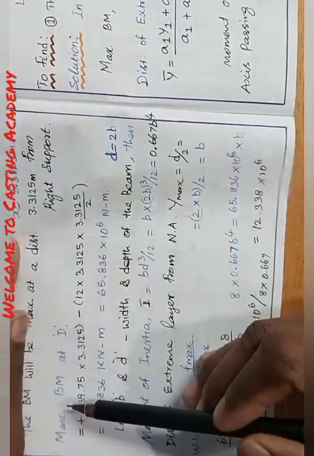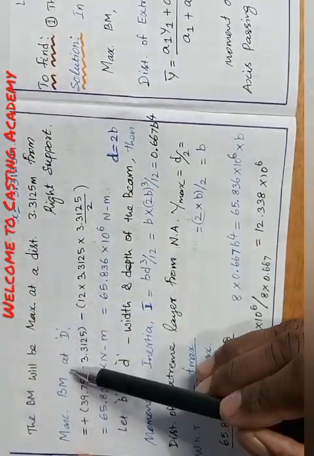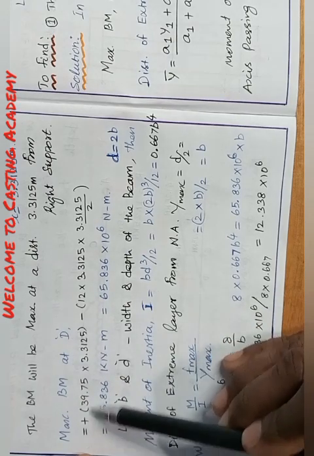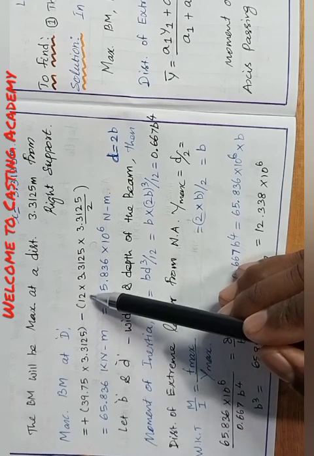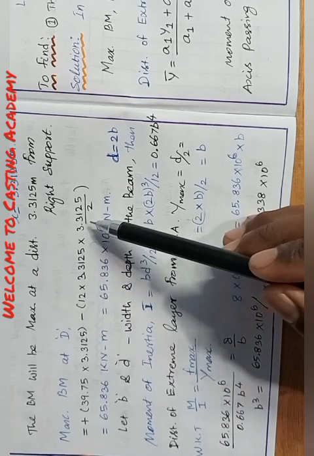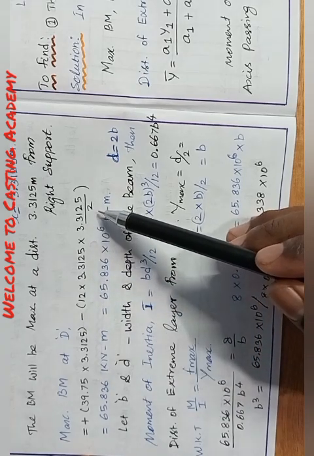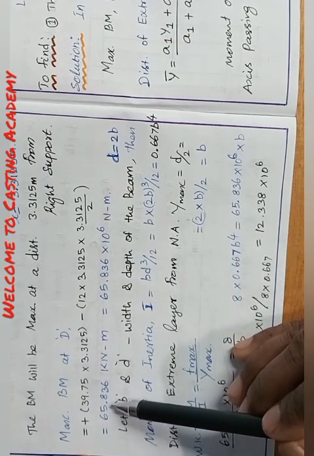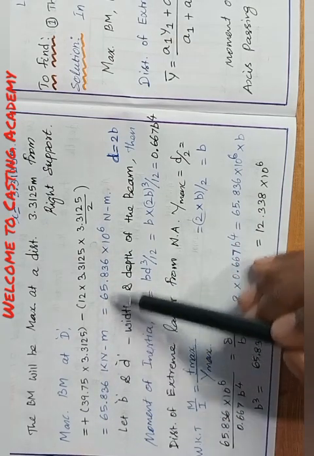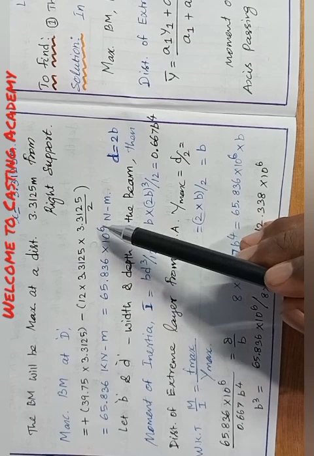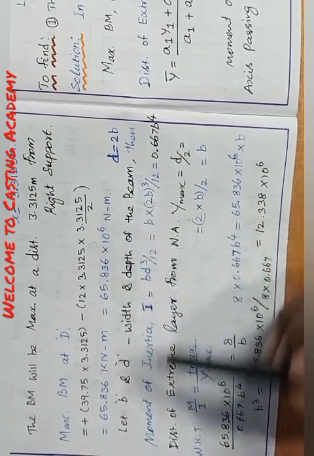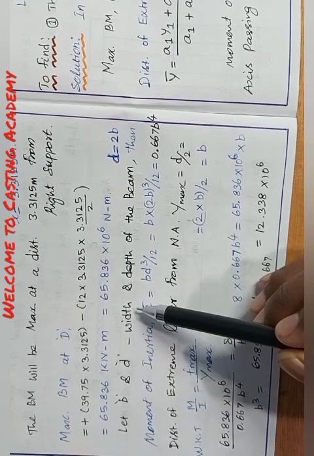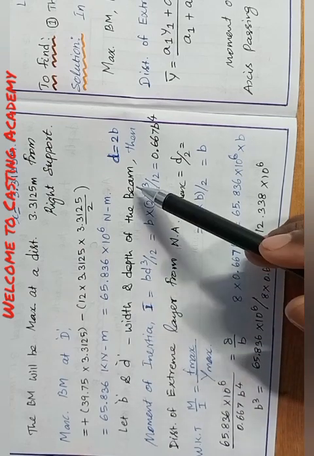Maximum bending moment at D equal to plus 39.75 into 3.3125 minus 12 into 3.3125 into 3.3125 divided by 2. So 65.8 kilonewton meter, that is equal to 65.8 into 10 power 6 Newton meter. Let B and D be the width and depth of the beam.